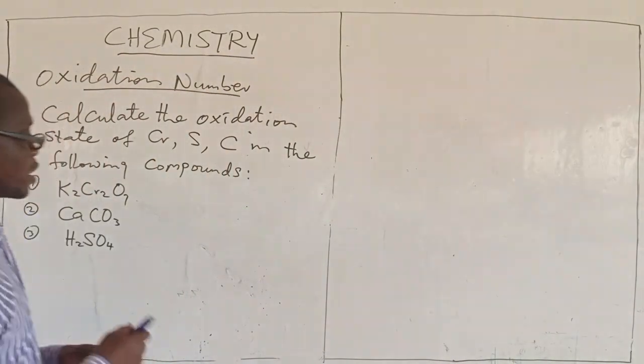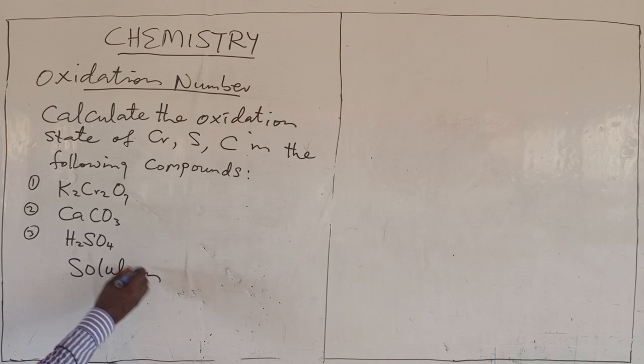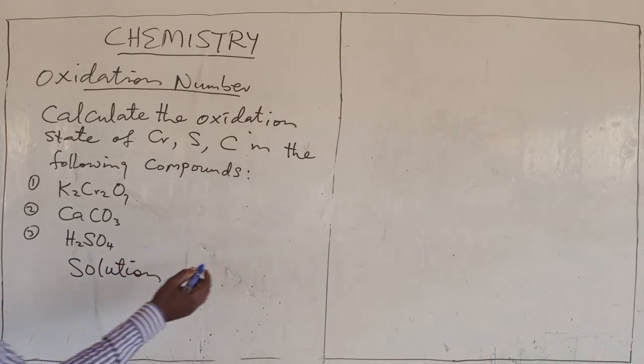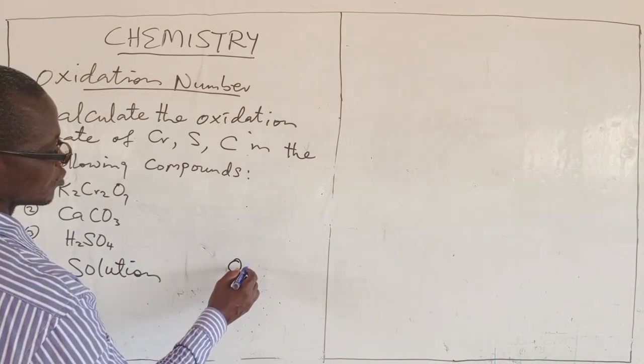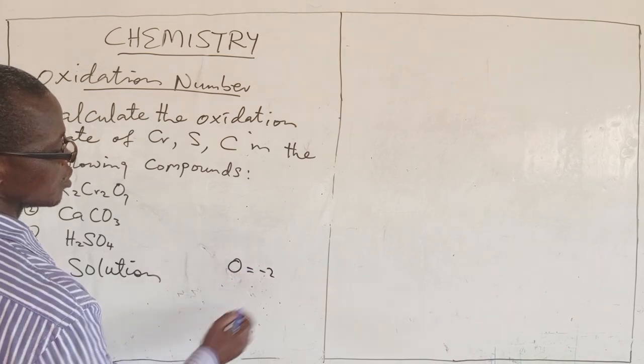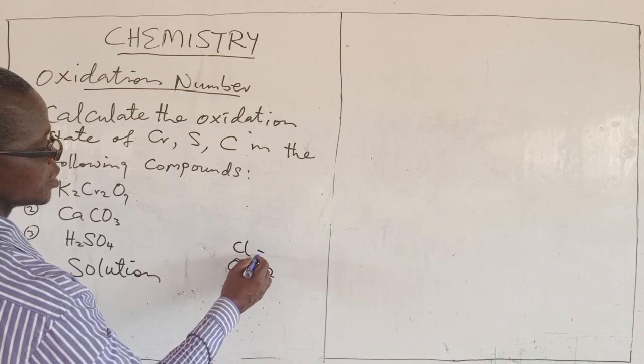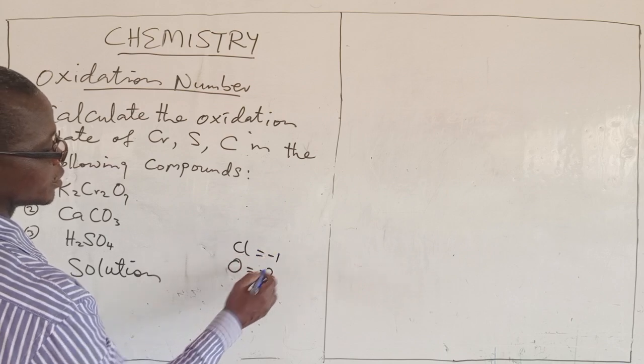Oxidation number. There are a few elements that are very important that you need to know their oxidation number. Like oxygen, oxidation number of oxygen is -2 at all times. Chlorine is -1.